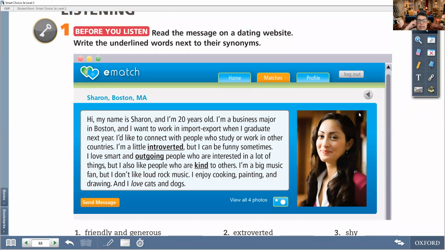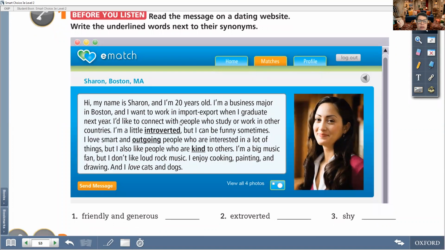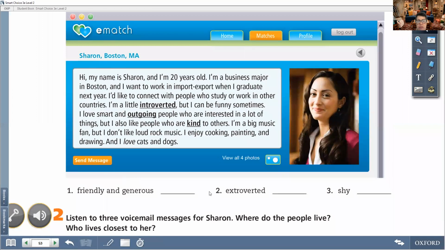Yes, Annalise, can you see the page? Okay, so what are we going to do? First of all, read the message on a dating website. Write the underlined words next to their synonyms. Okay, so here we have the underlined words, and here we have the synonyms.